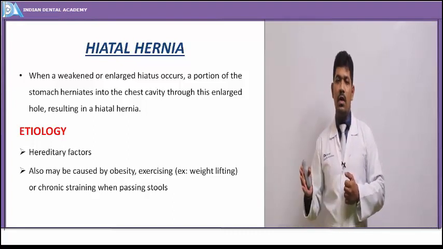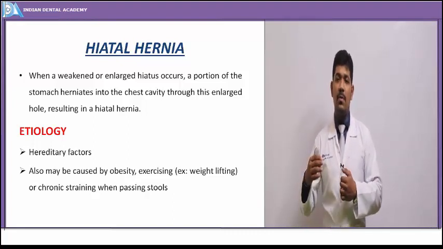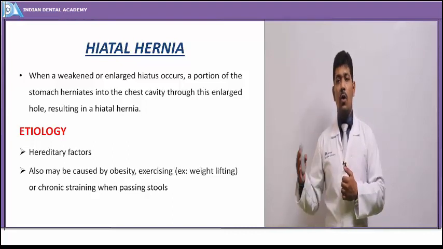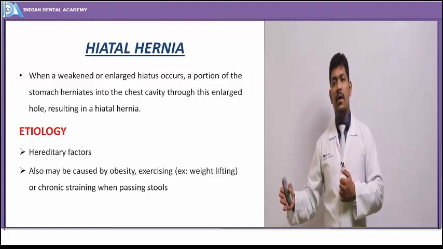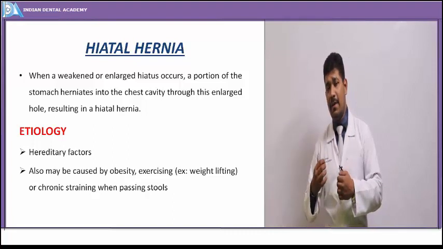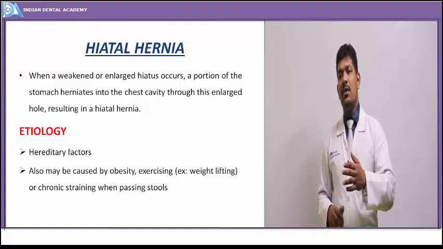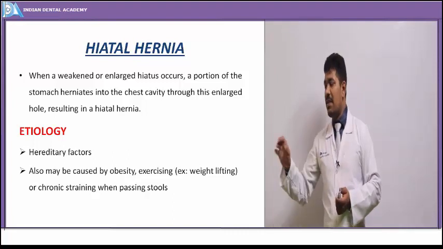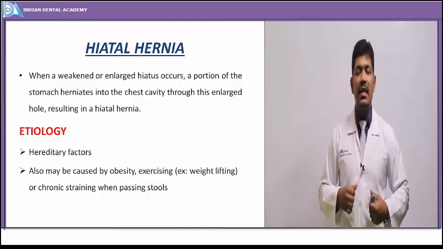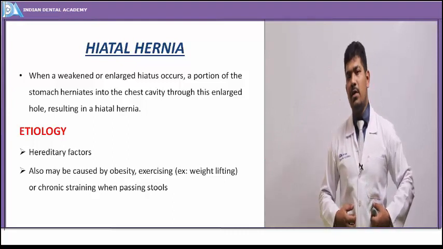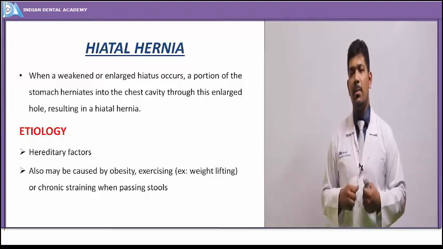Continuous exposure to such pressures, or a chronic habitual effect of this creation of pressure, results in a weakened or enlarged hiatus, as we can see in weightlifting, wherein pressure is created from the lower abdominal region pushing the contents up into the upper region.